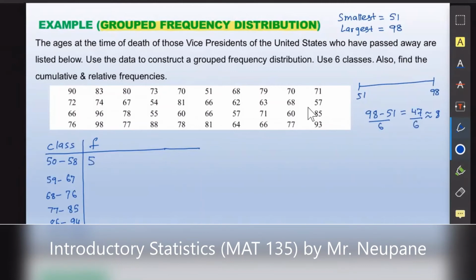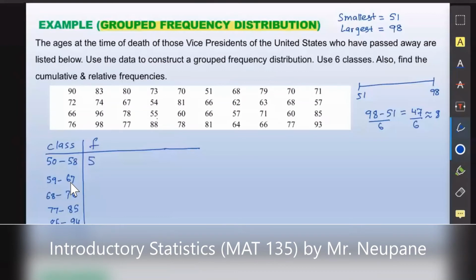Now, I am going to ask you to count how many are there from 59 to 67. Please count. How many? I'm asking all of you to find this.